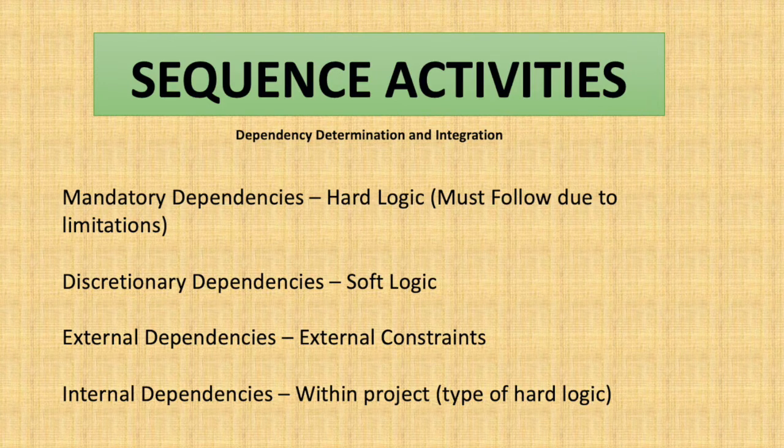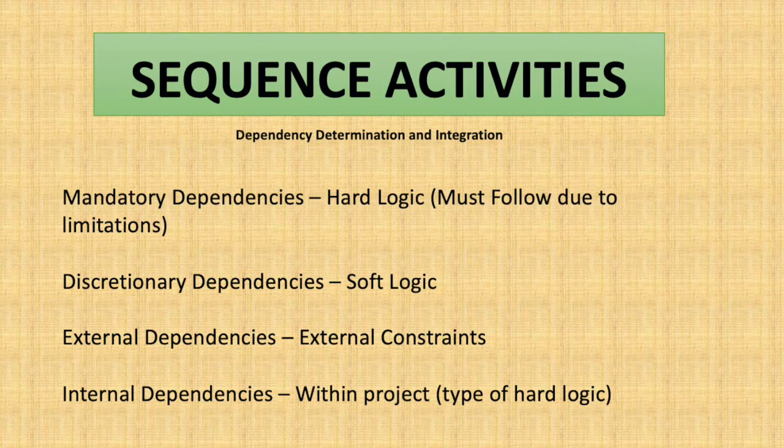This is in our hand. We will decide whether we do electrical work or plumbing work first. There is no limitation. We can do electrical work first and then plumbing work, or plumbing work first and then electrical work. So this type of dependency, discretionary dependency, is also called soft logic.